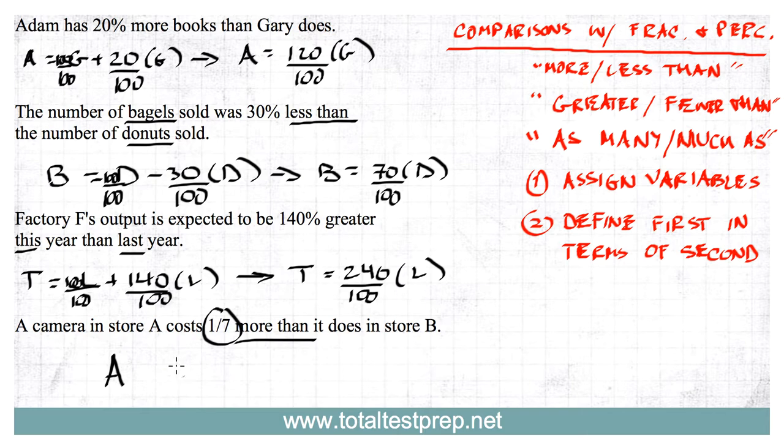A is the price in store A, B is the price in store B. We're defining A in terms of B, so A is going to equal B plus 1/7 of B. Again, you can't have a fraction by itself, so it's plus 1/7, but 1/7 of the second variable mentioned. And just like before, we can simplify this by writing this as 7/7 of B, and so now we have that the price in store A, or A, is equal to 8/7.